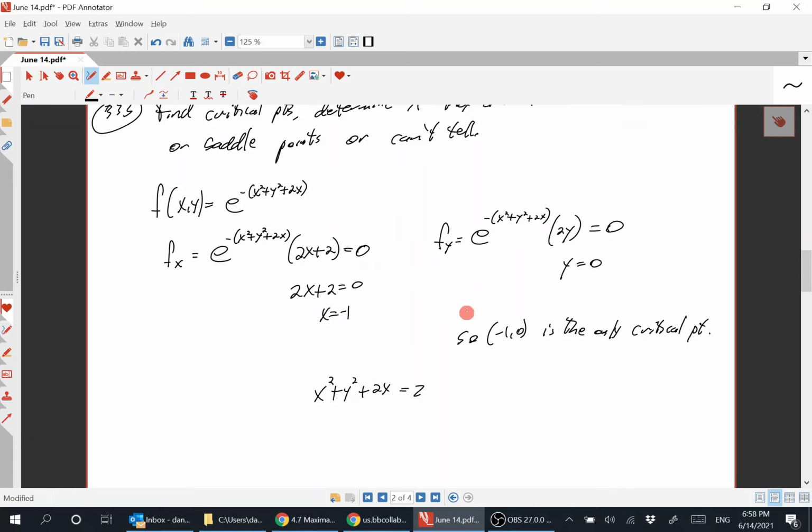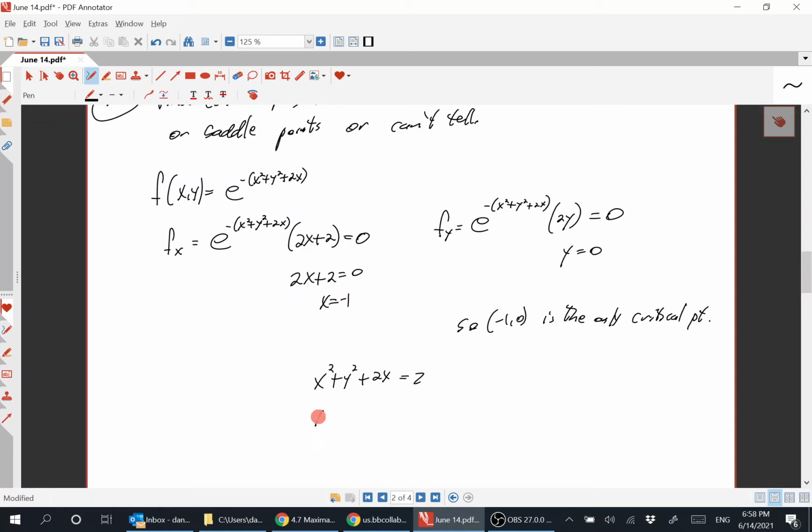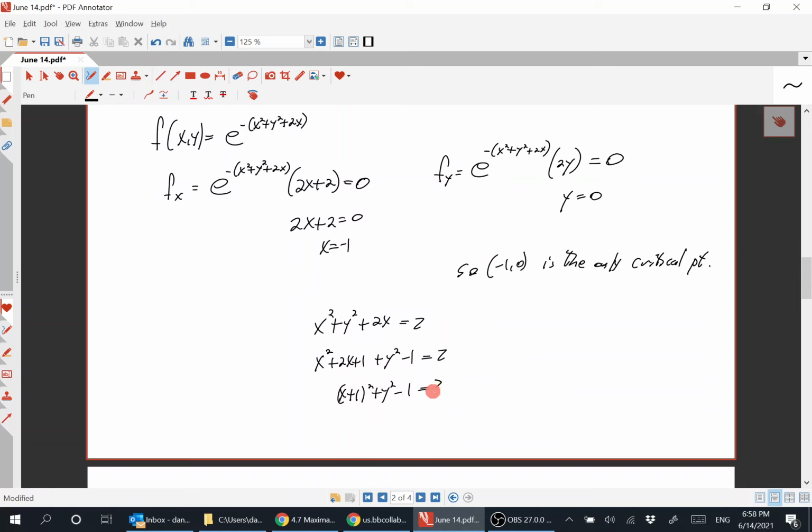If we had a surface like that, if you complete the square, this is x squared plus 2x plus 1 plus 2 plus y squared, and then minus 1. So this is (x plus 1) squared plus y squared minus 1 is equal to z. So that is the paraboloid, right?